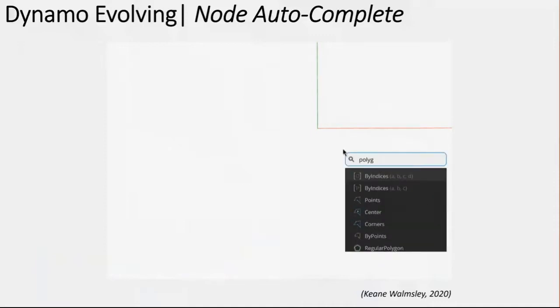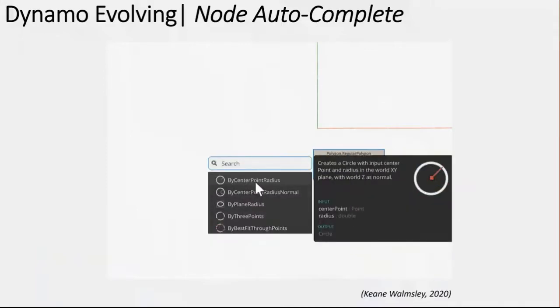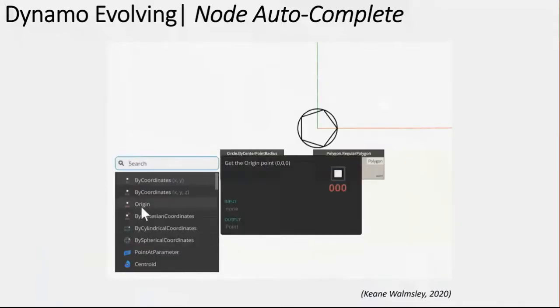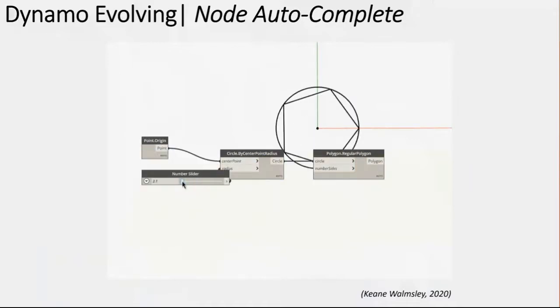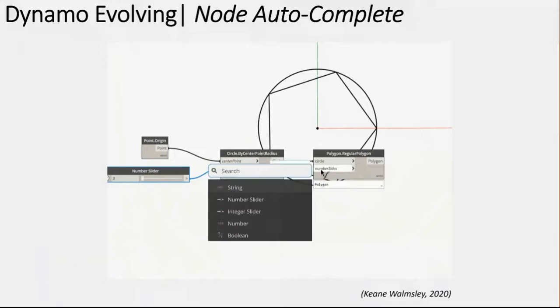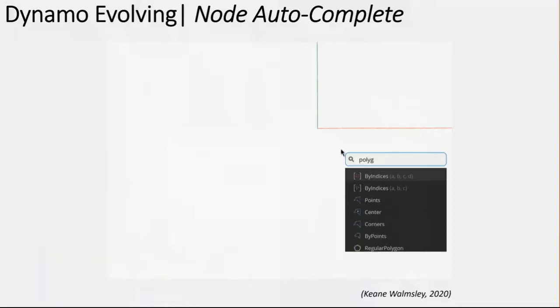In this example, you want to make an inscribed polygon, and you don't know how to make it in Dynamo. Well, with this node Autocomplete, what you see happening here is we're able to click on the inputs, and we're actually able to have it automatically give us compatible inputs.